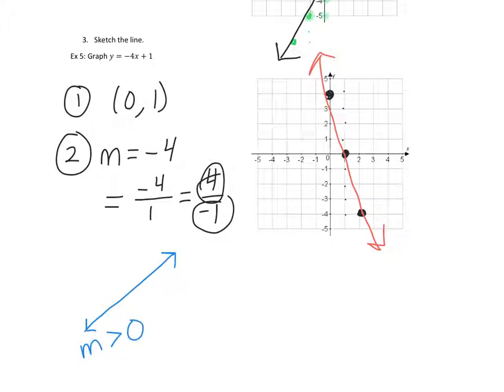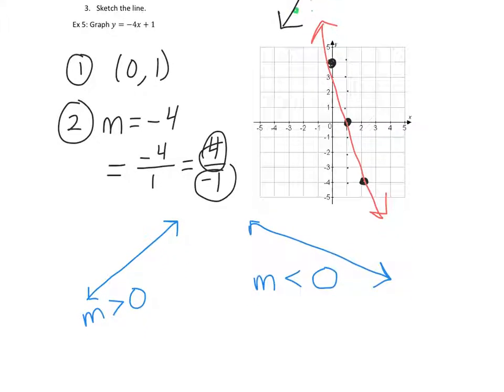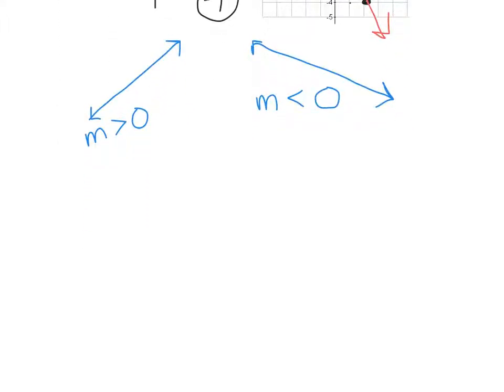In our second example 5, we had a decreasing line, and that's because our slope was negative. So we're getting this pattern. All right, and we also already know that if our slope is 0, it's horizontal. If our slope is undefined, it's vertical.